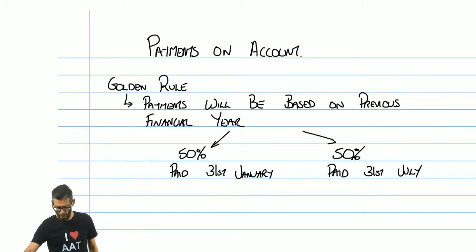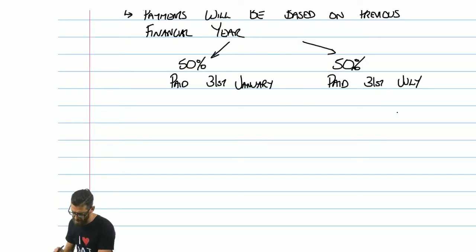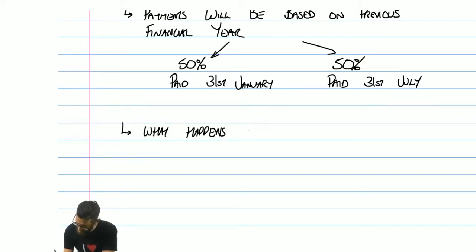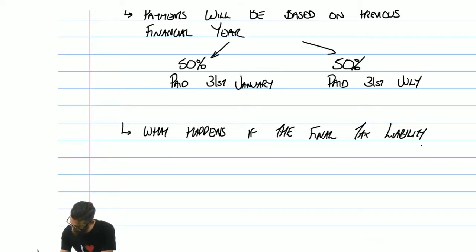Now, the issue that we have here is what happens if the final tax liability this year is greater than what we've based this upon.